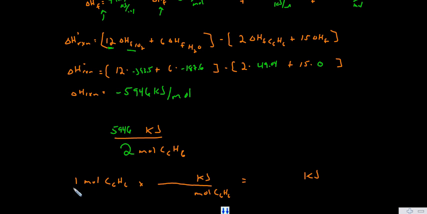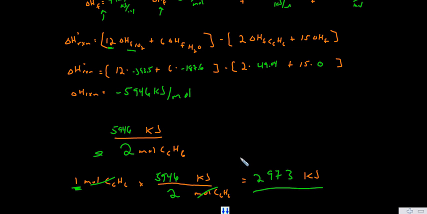So if you have 1 mole of benzene reacting, then you can convert out of moles and into kilojoules using this unit conversion factor. And you should find that 2,973 kilojoules are released when 1 mole of benzene reacts.